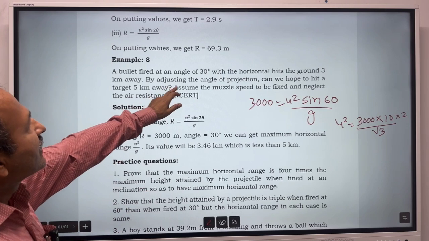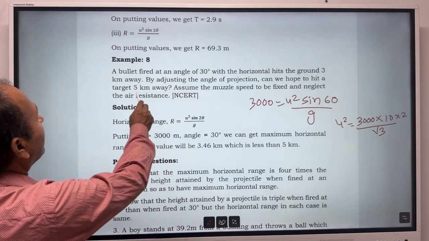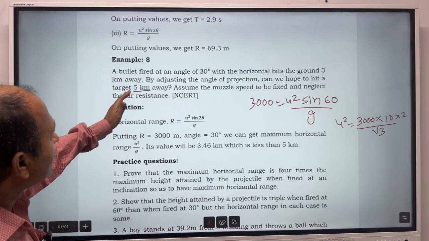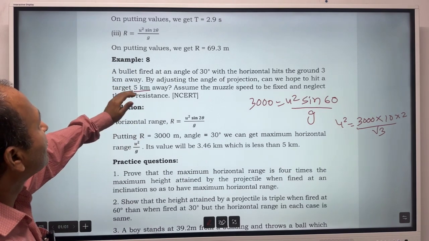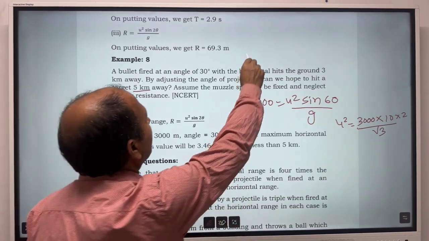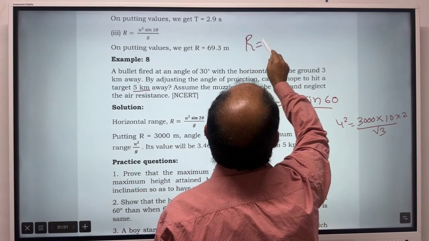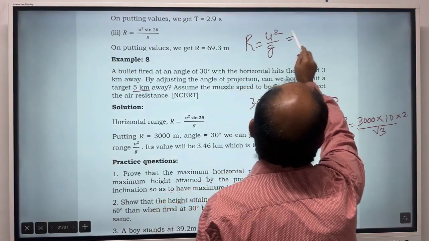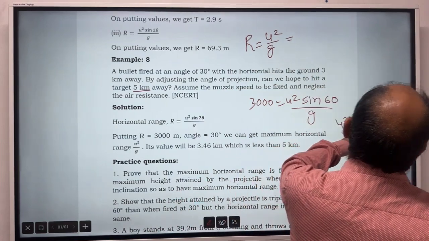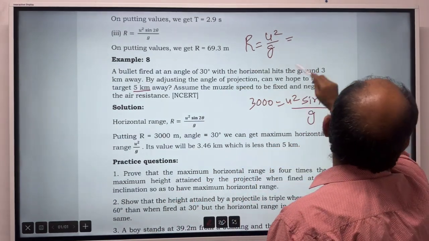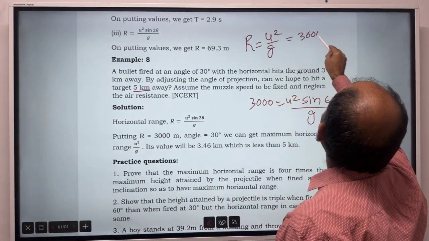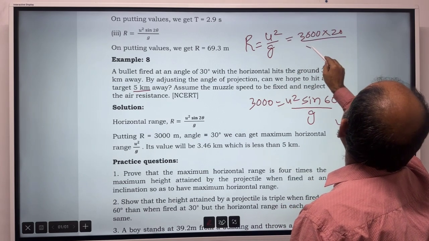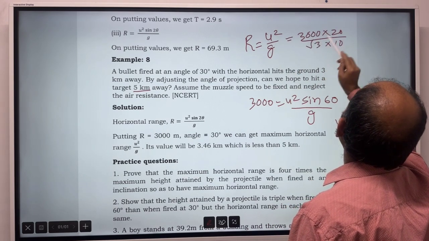Now it says that the horizontal range is needed to be 5 kilometer. So let's assume it to be the maximum horizontal range, and if you remember, R max is given by u square by g. Here we have got the value of u square. So u square is 3000 into 2 divided by root 3, and g is 10.